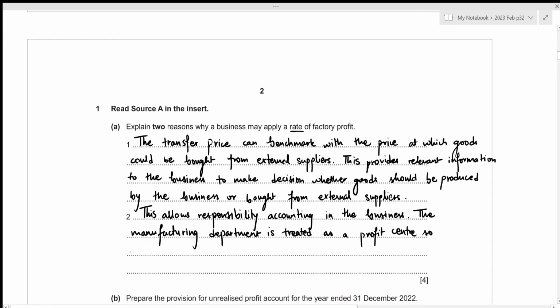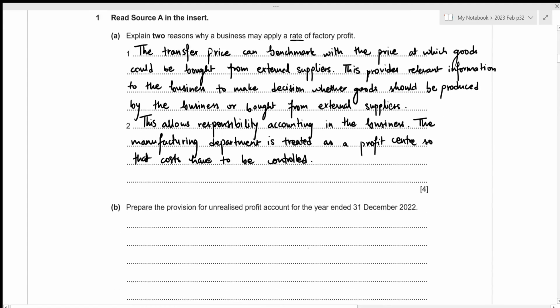So the costs have to be controlled. Okay, this concludes the first part. Let's move to the second one.